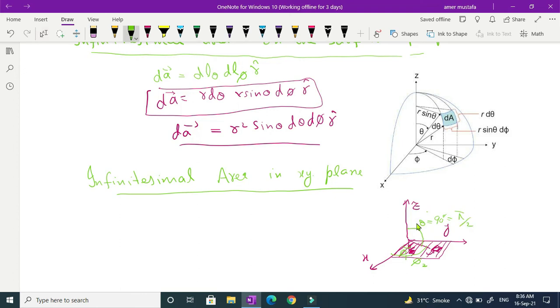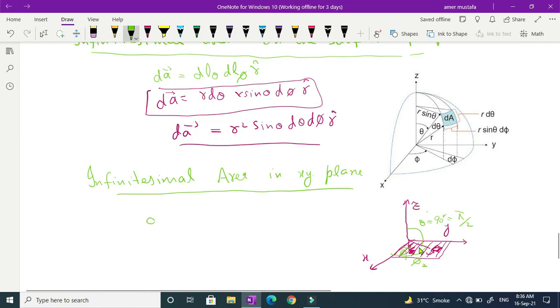So theta is the constant. Theta will be the direction of this area, because if you want to rotate this radial line in the vertical plane, then the increasing direction of theta will be downward. So the direction of this area will be theta cap, and this direction will be downward.